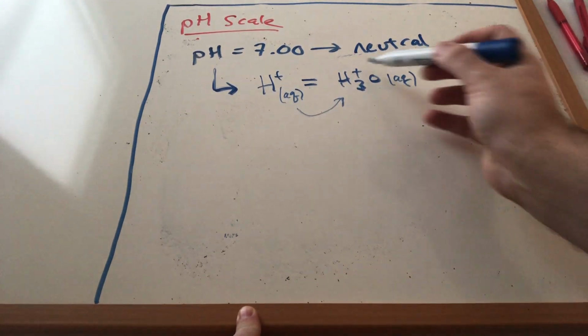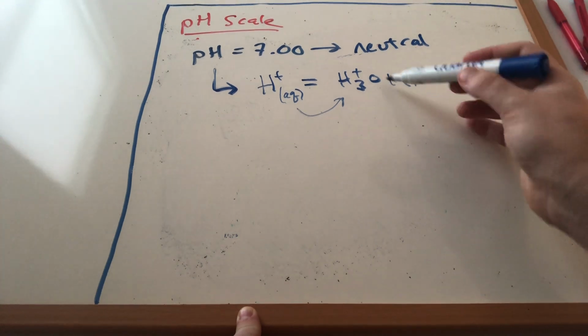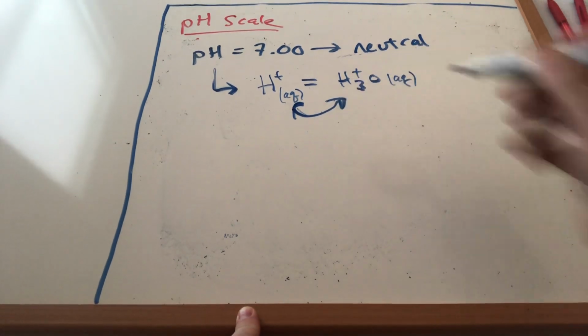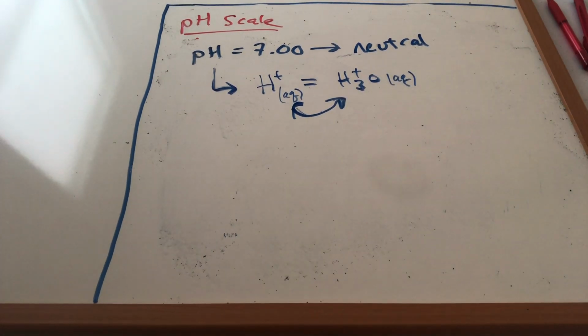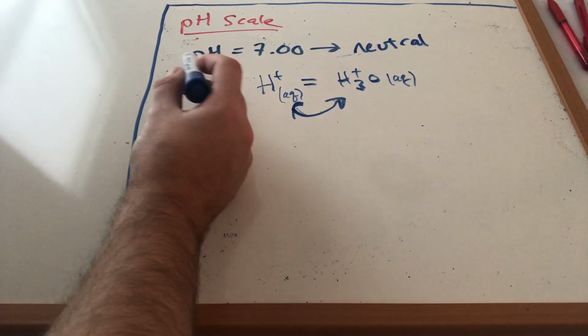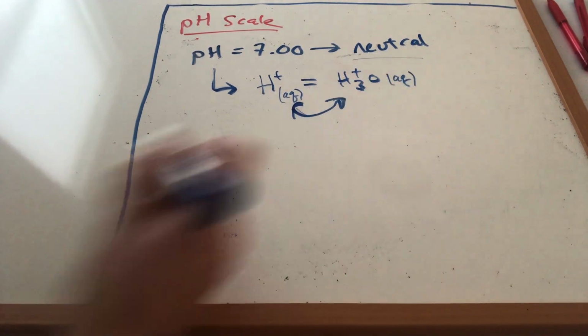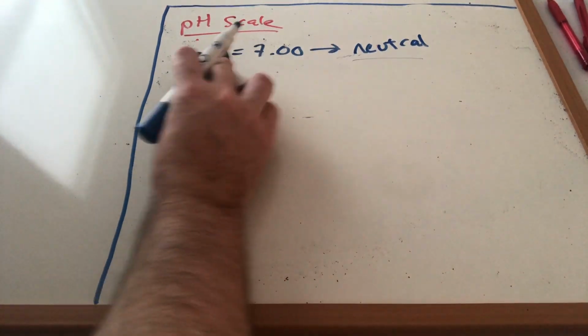So they'll take an H2O away from hydronium just to be lazy and write it as H plus. These two things mean the same. Whenever you hear about an H plus or an H3O plus in solution when you're analyzing things via pH, they mean the same thing. So if our pH is 7.00, we have a neutral situation.